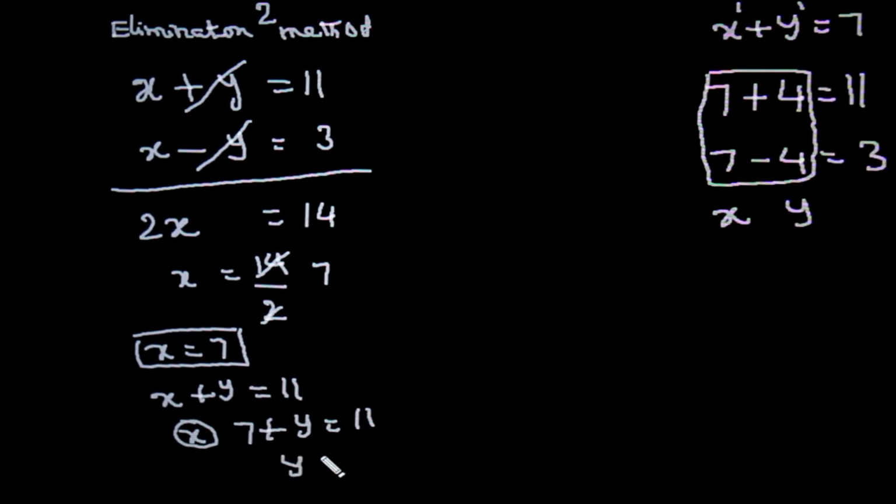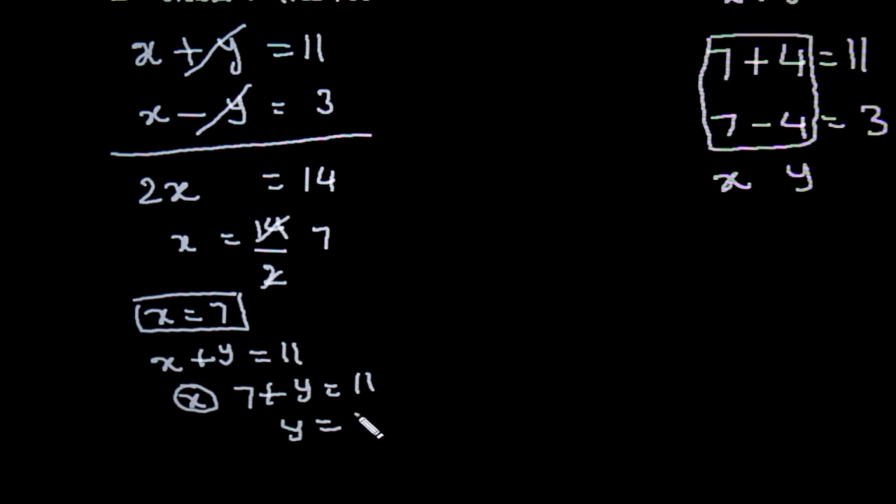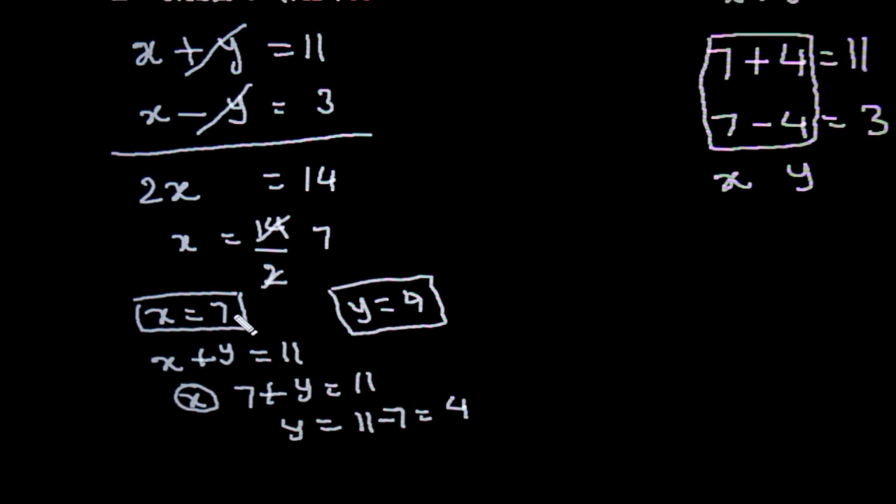Then y is equal to 11 minus 7, which is 4. Therefore y is equal to 4. You are getting 7 and 4.